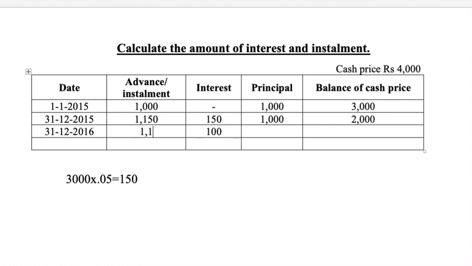Fine, clear? And here the principal amount will remain the same, 1,000 rupees, right?